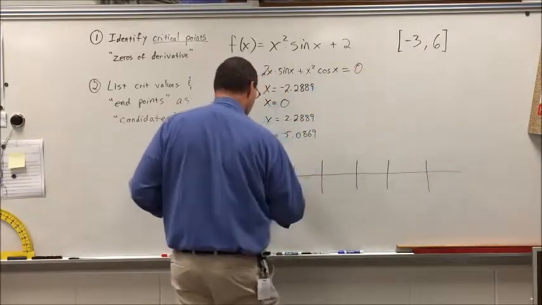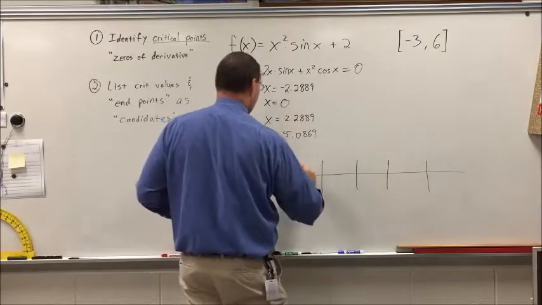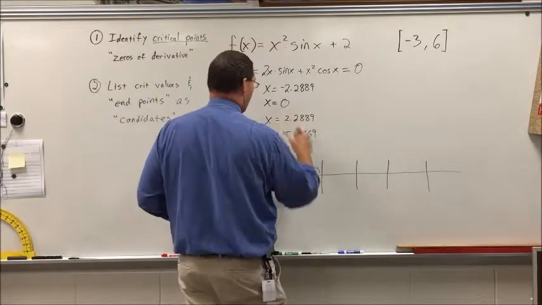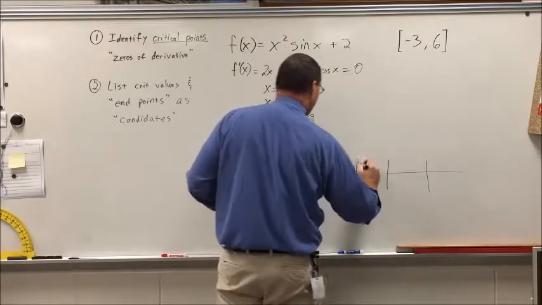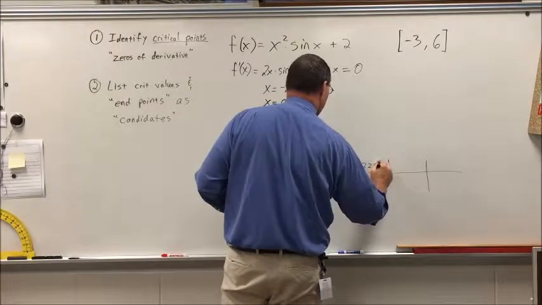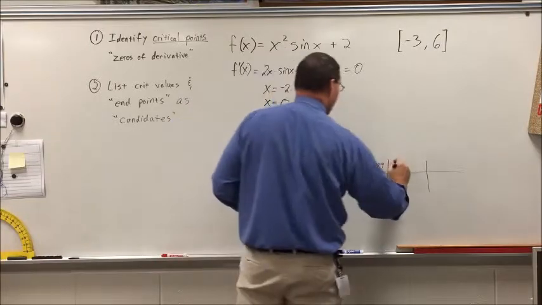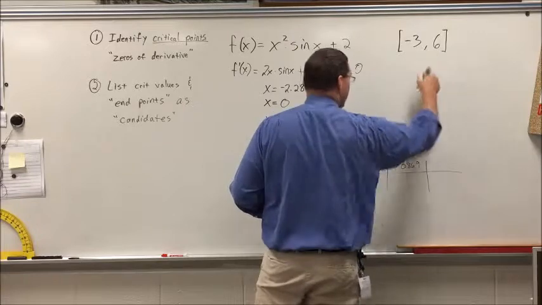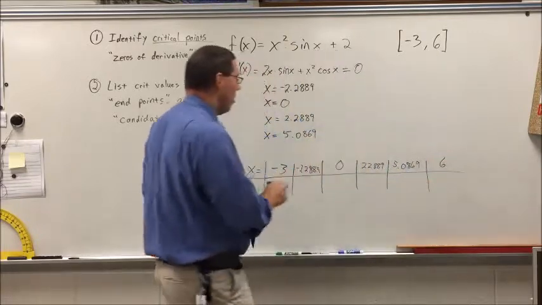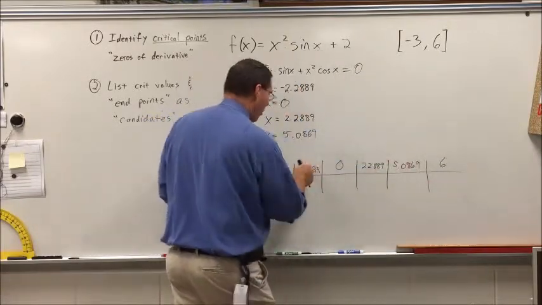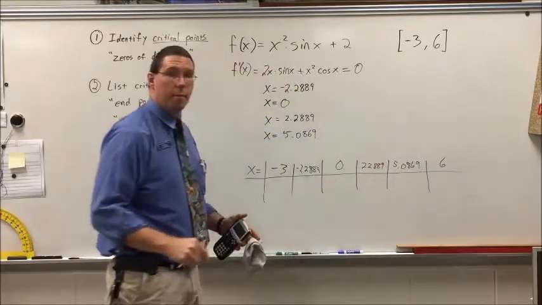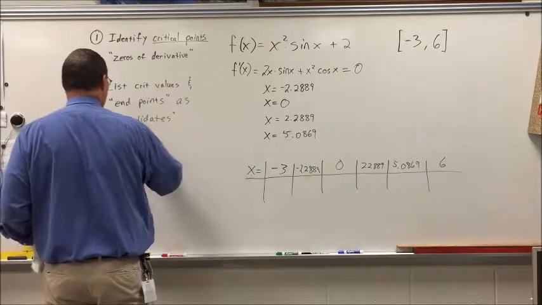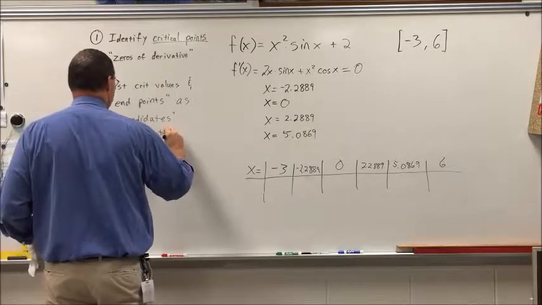I've got -3, then -2.2889, then 0, then 2.2889, then 5.0869, and lastly 6. I have my endpoints and all my critical values in the table. Okay? All right, list critical values and endpoints as candidates in a table.